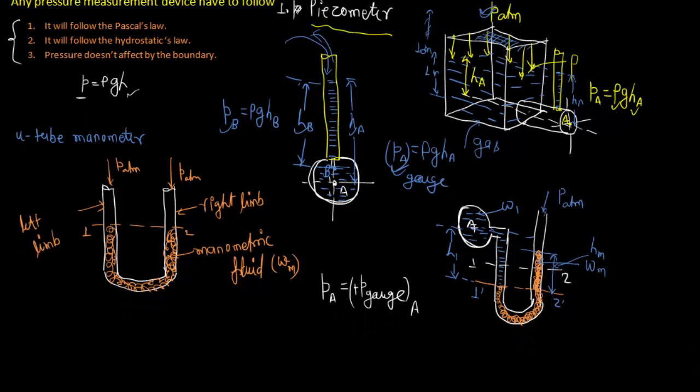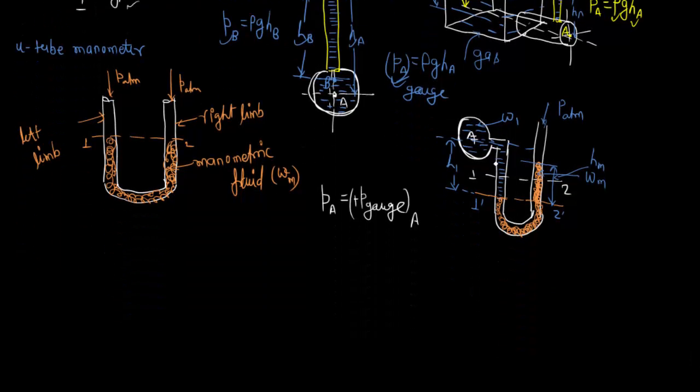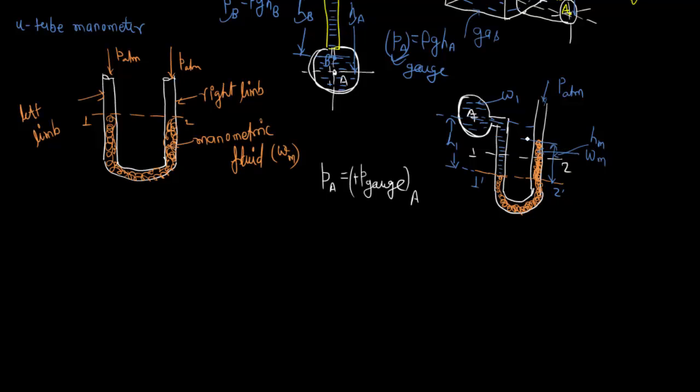Okay, so the gauge pressure over the manometric fluid in the right limb is 0, because we are only considering the gauge pressure at point A, and we are not considering the atmospheric pressure as it is exerted over the tank and over this side here.